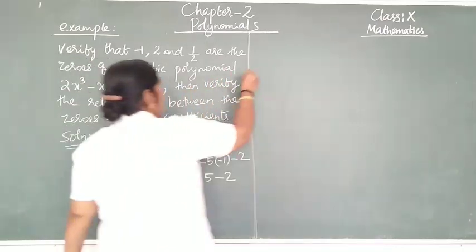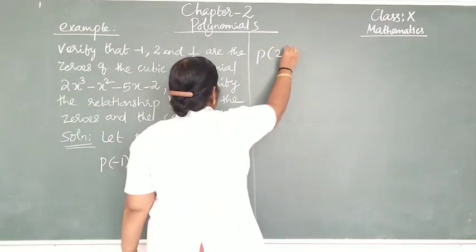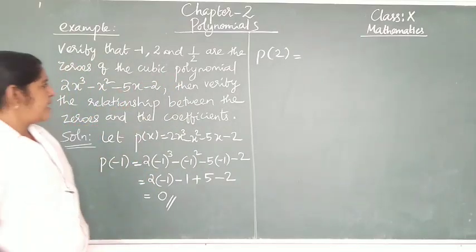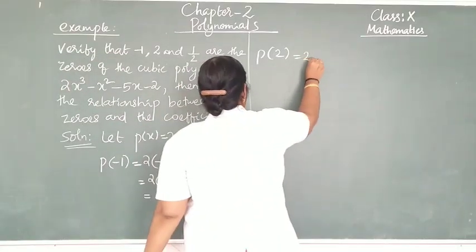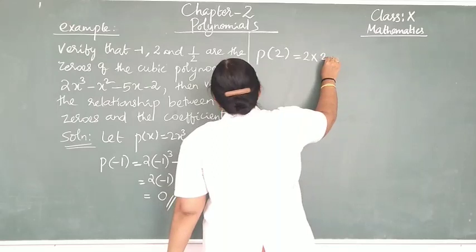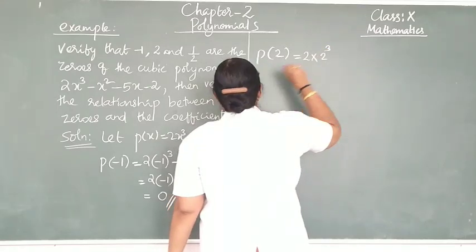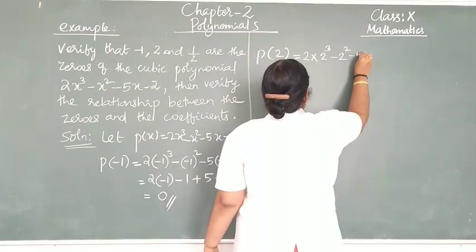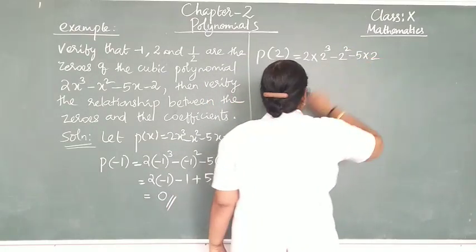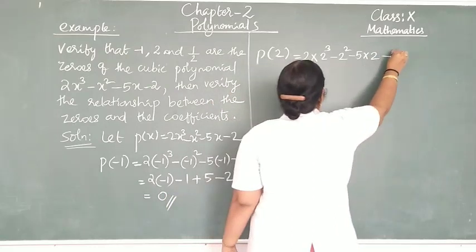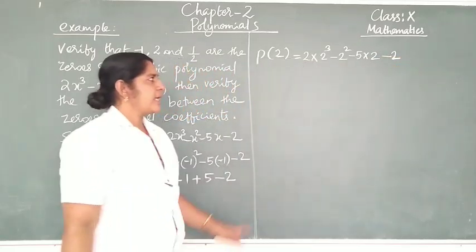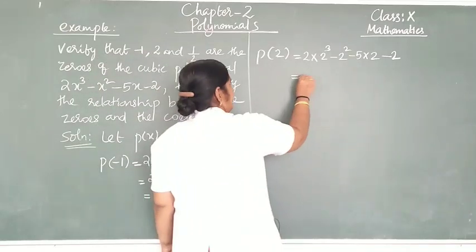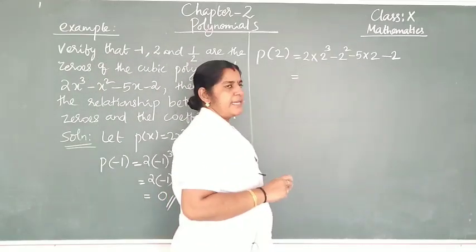So next we are going to verify p of 2. So what is p of 2? Put the value 2 in this polynomial. So you are getting 2 into 2 cube, that is x cube, minus 2 square, minus 5 into 2, minus 2. We put the value 2 for x. Now we can simplify. What is 2 cube? 2 cube is 8.